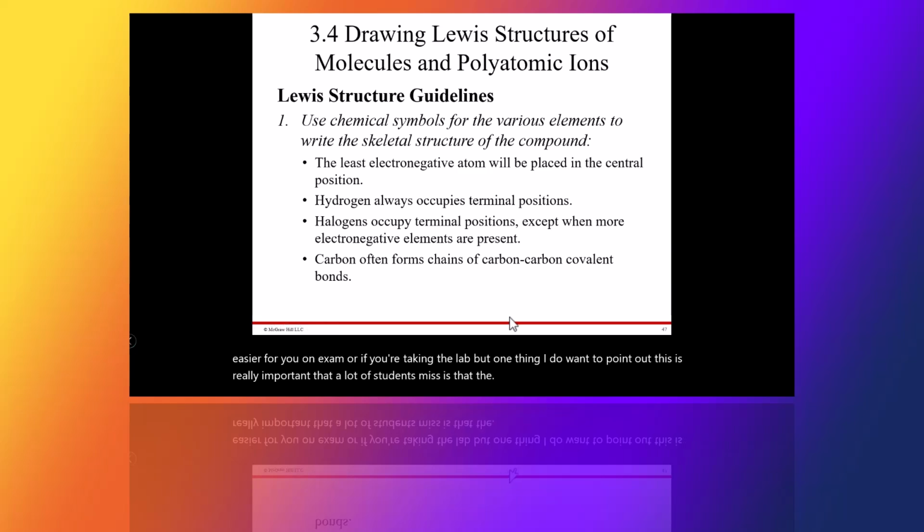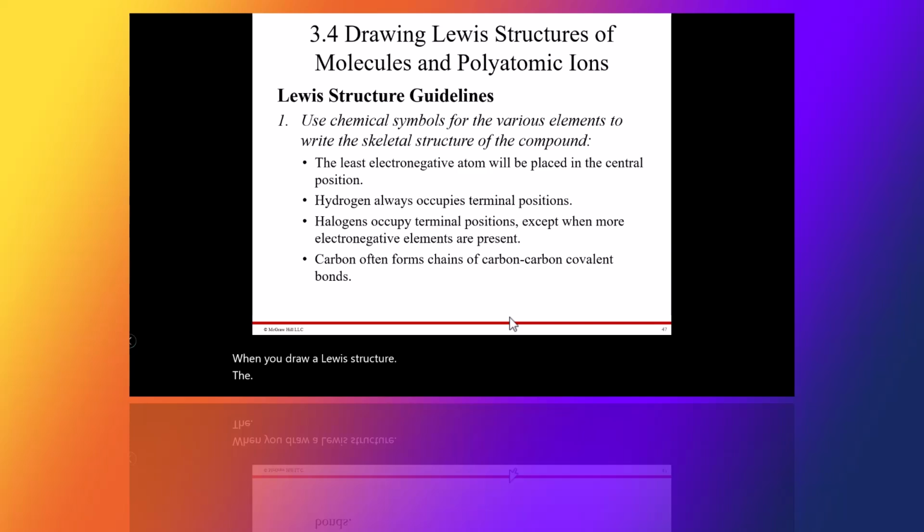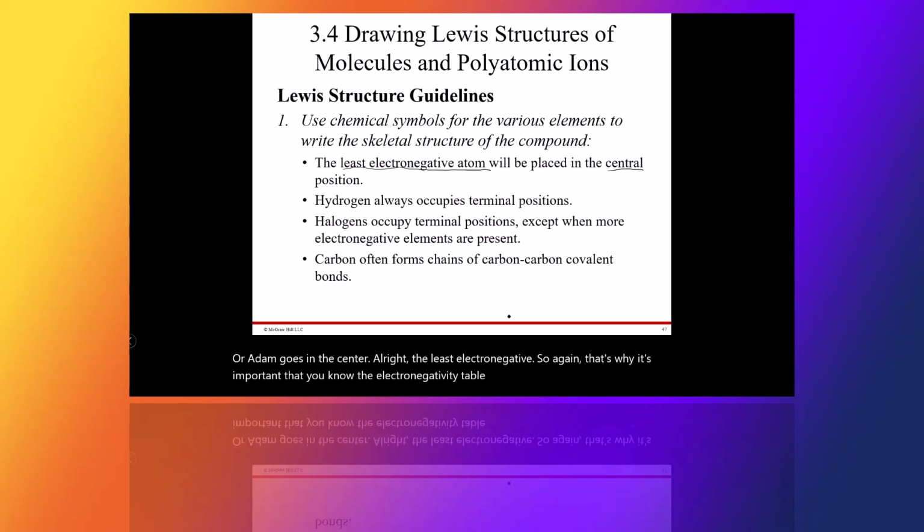when you draw a Lewis structure, the least electronegative element or atom goes in the center, all right? The least electronegative. So again, that's why it's important that you know the electronegativity table. And hydrogen can never be the central atom. It always occupies a terminal position.